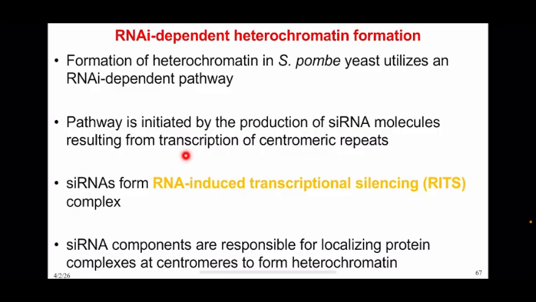That's what RNAi pathway means. So let's look at RNAi-dependent heterochromatin formation, the formation of heterochromatin that depends on RNAi. The formation of heterochromatin in S. pombe utilizes the RNAi-dependent pathway. I think of the three main ways, you have to know when and where they are required.